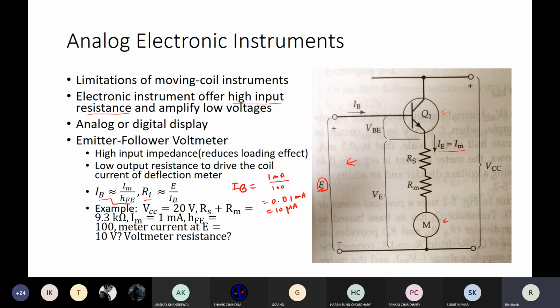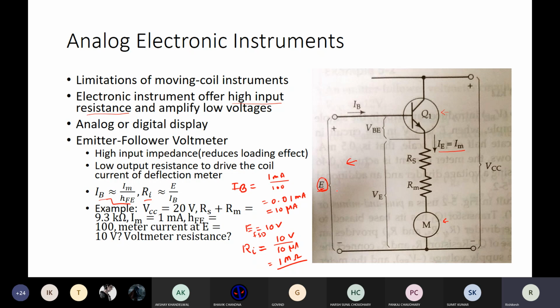Now, if the maximum input voltage E, FSD, is 10 volts, then your input resistance is 10 divided by 10 microampere, which is 1 mega ohm. You see, it's quite high input impedance.